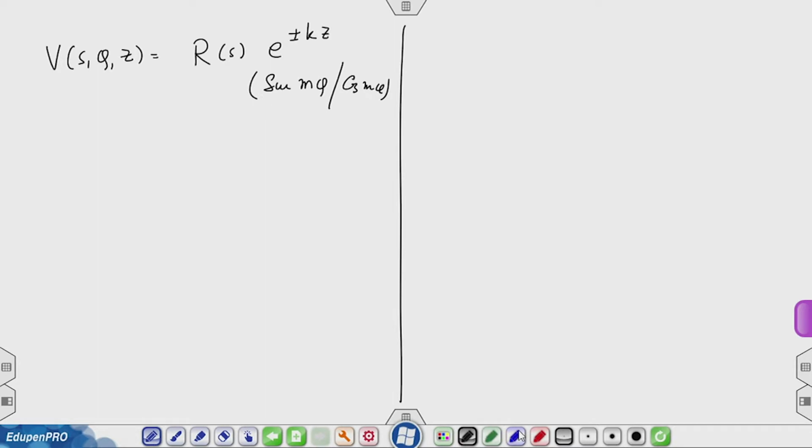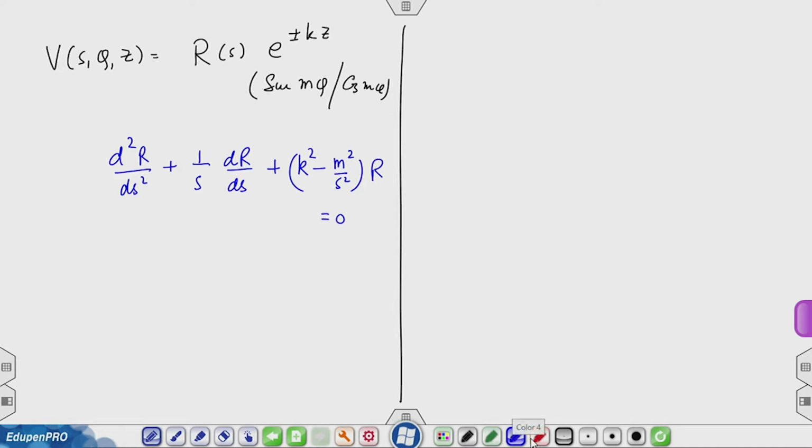Let us now write this whole thing into the R equation, and then you get the R equation in terms of s: d2R over ds square plus 1 over s dR over ds plus (k square minus m square over s square) R is equal to 0.